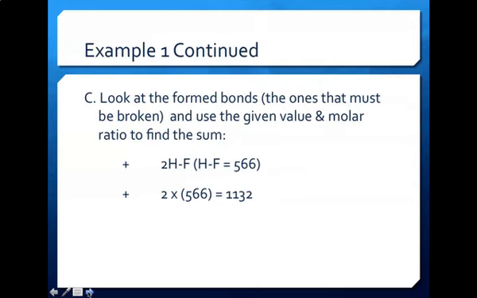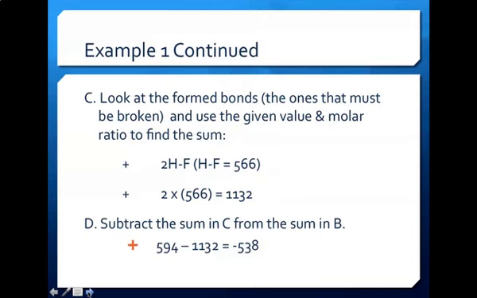So now I can take my data from the last slide and this data and put them together. So I'm going to take my broken minus my formed, so my number from my last slide, minus what I just calculated, and I get negative 538 kilojoules per mole.